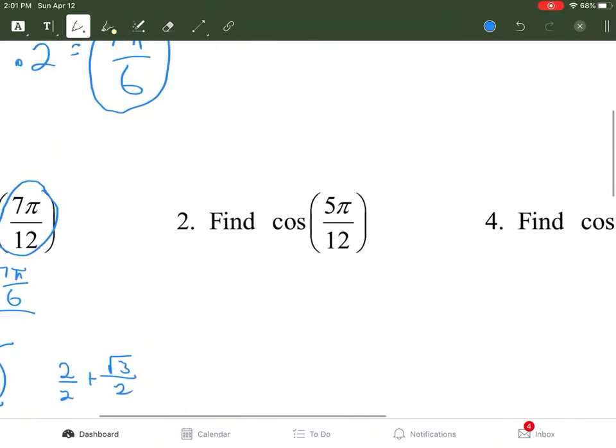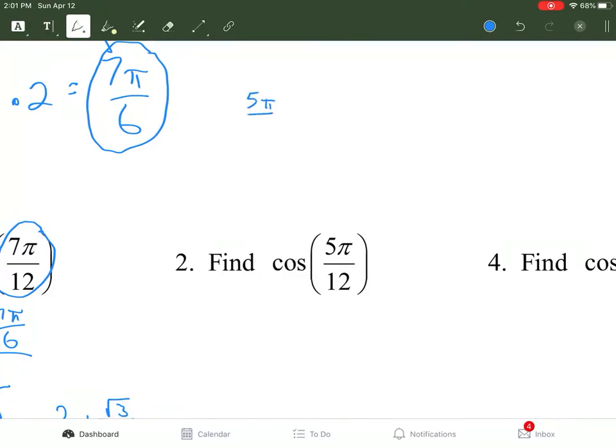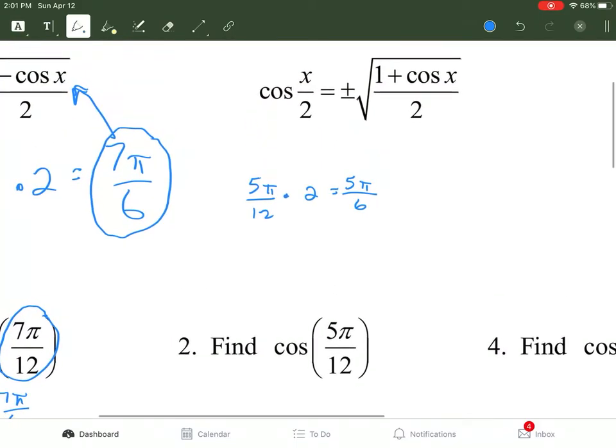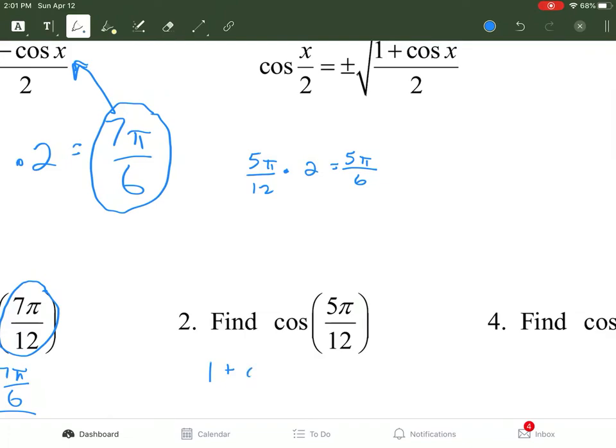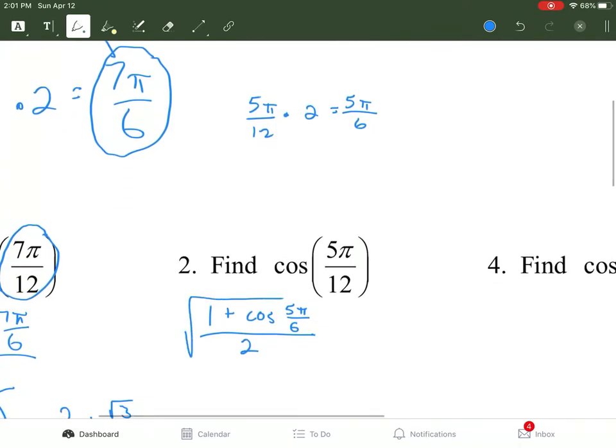So cosine. So we're going to have 5 pi over 12. We're going to multiply it by 2, which gives us 5 pi over 6. Okay, so we're going to put this into the cosine formula. So it's going to be plus or minus the square root of 1 plus the cosine of 5 pi over 6, divided by 2.